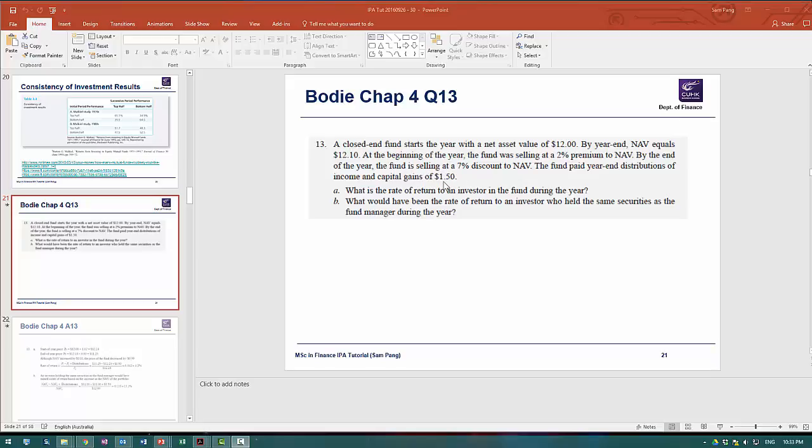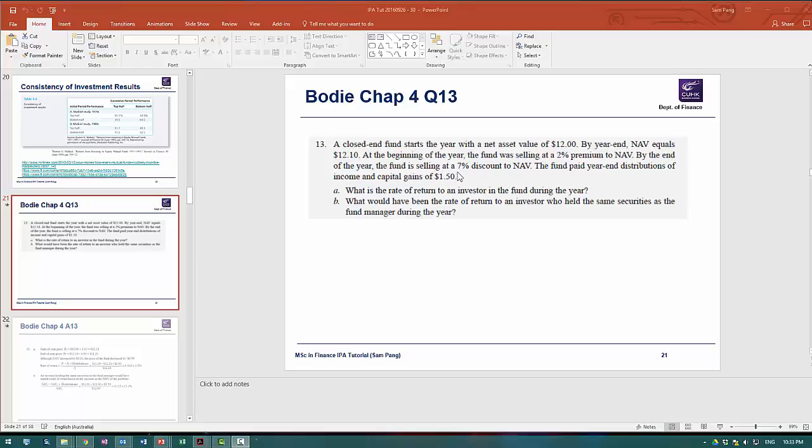Although this is to do with the fund, if you just forget about the premium, forget about the discount, these are just distractions. What really happened to the fund? Suppose the fund was so generous and so precisely valued that these discounts and premiums never existed. So basically $12 has now become $13.60, of which you have accumulated $1.50 of gain.